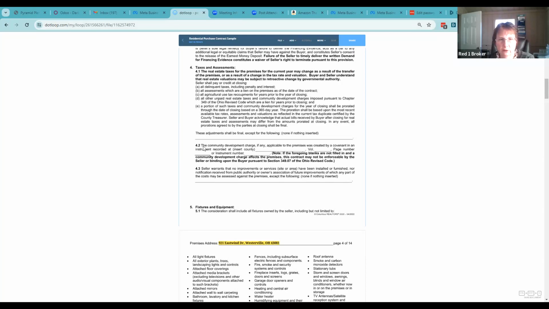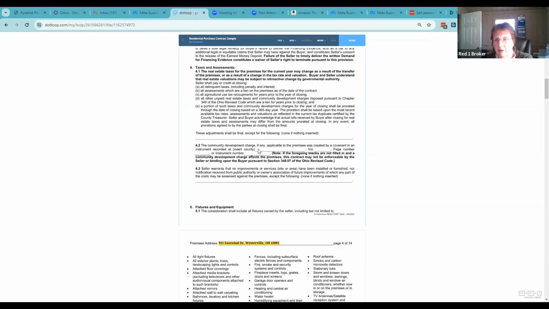So we're going to start with 4.2, and that is the community development charge. A community development charge is something that the seller should know about because they should have been paying it, if there is one. You'll more than likely find these in the city, not out in the country. You'll normally find them in an HOA, a homeowners association, that has a lot of rules.